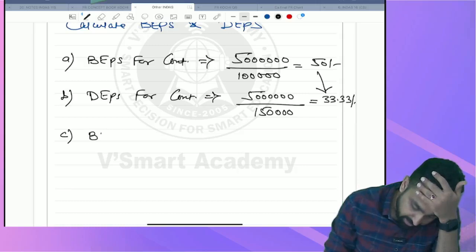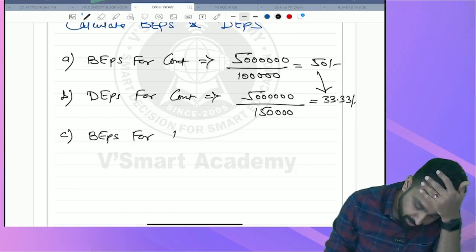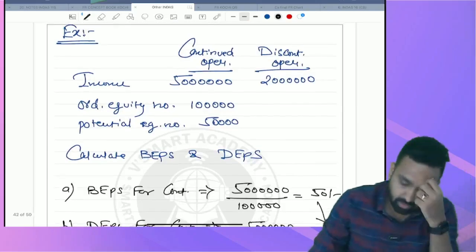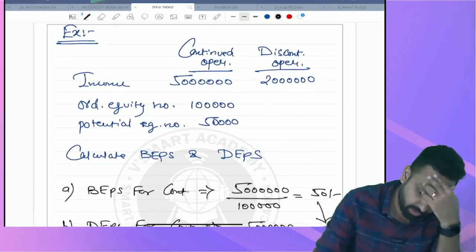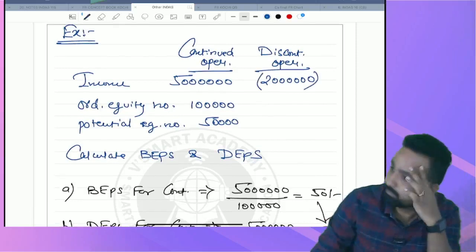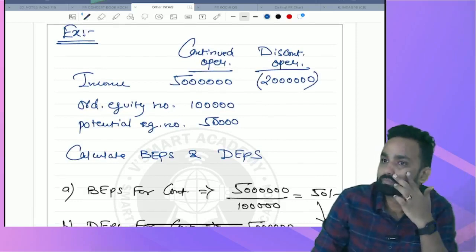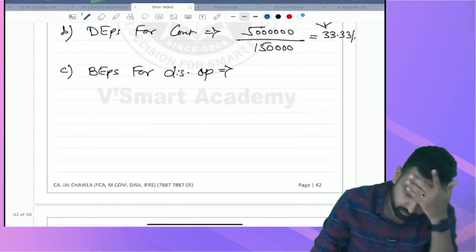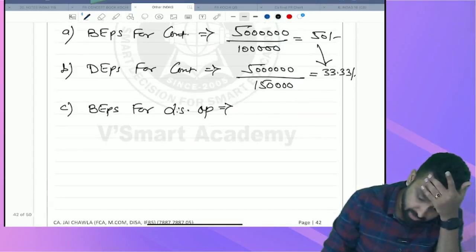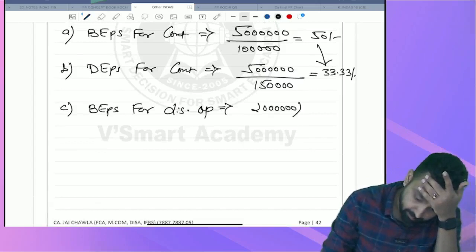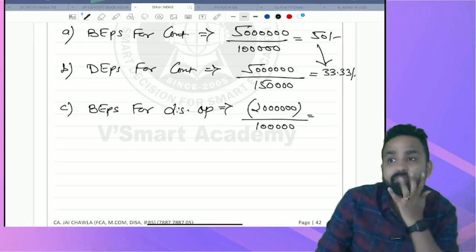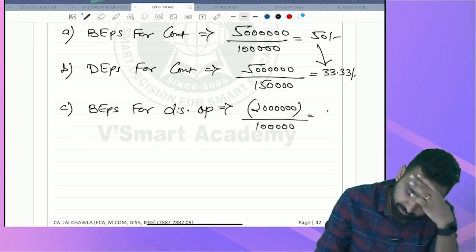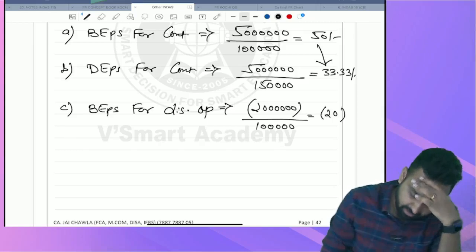Tell me basic EPS for discontinued. Sorry, it was negative 20 lakhs. Negative 20 lakhs divided by 1 lakh is minus 20 EPS.